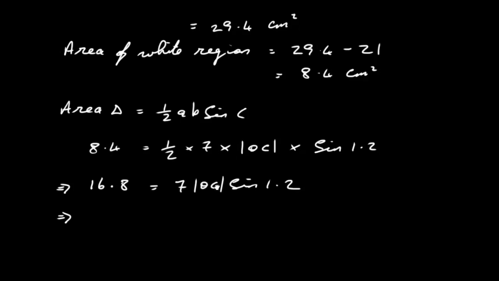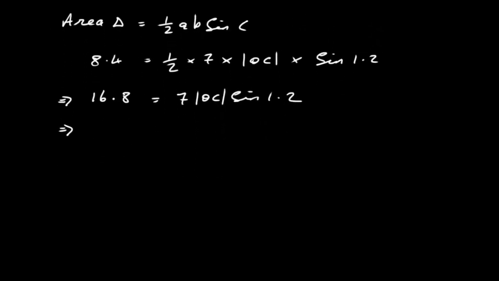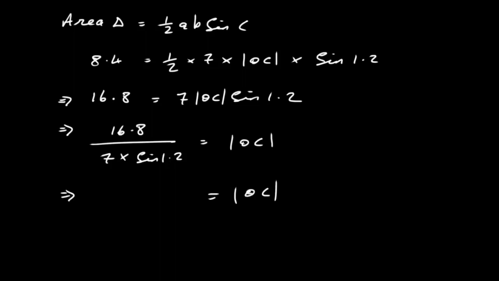So now let's just divide across by what's remaining. So we have 16.8, and we're going to divide by 7 times sine 1.2, and that'll give us the distance OC. So the distance OC is going to be 2.574999307.